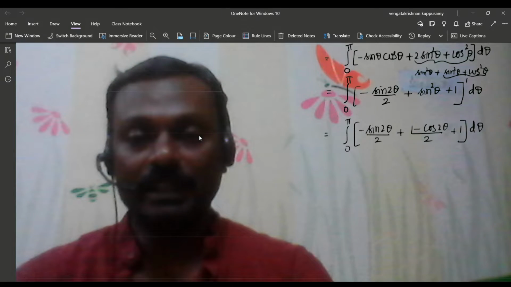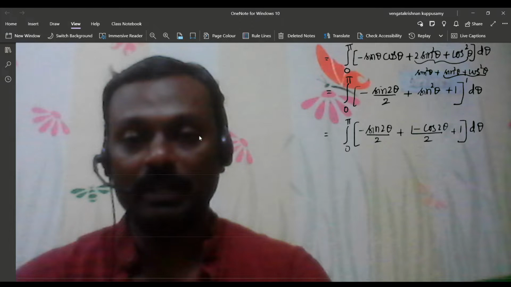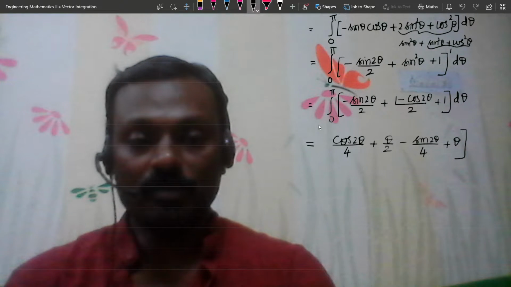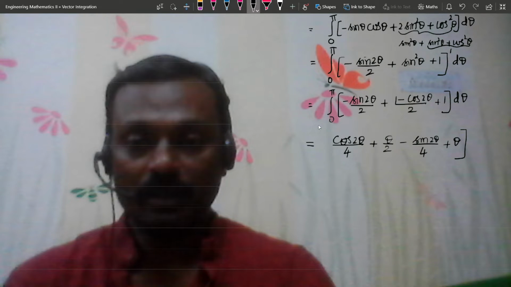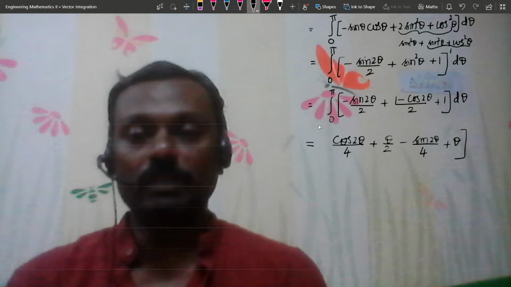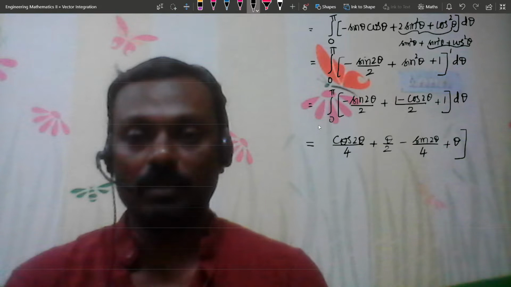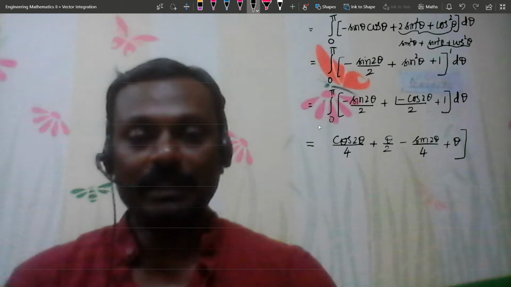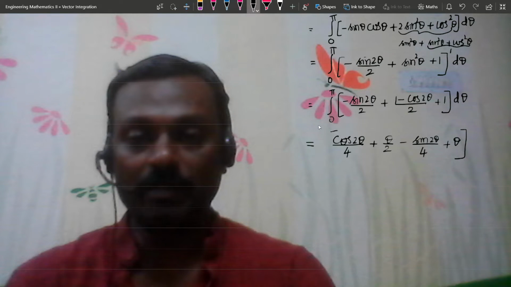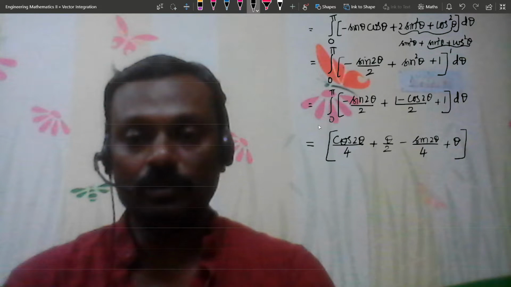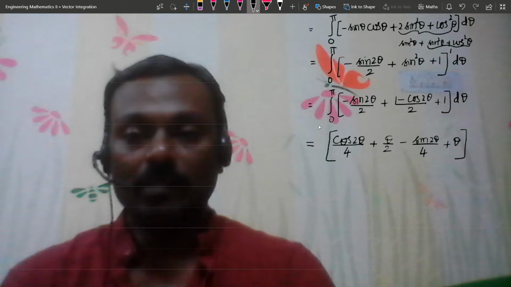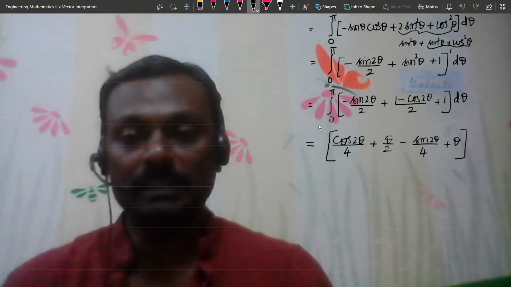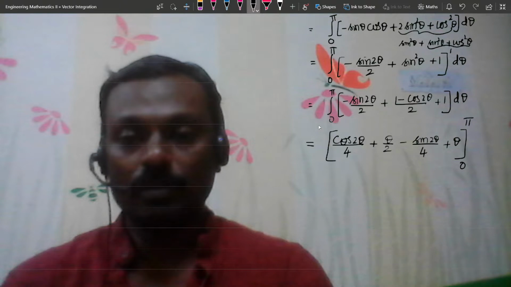Integrating sin 2 theta by 2 we get minus cos 2 theta by 4, so it becomes cos 2 theta by 4. And (1 minus cos 2 theta) by 2 splits into two terms, 1 by 2 minus cos 2 theta by 2. Integrating 1 by 2 we get theta by 2. Integrating cos 2 theta by 2 we have minus sin 2 theta by 4, and integrating 1 we have theta, with the limits 0 to pi.